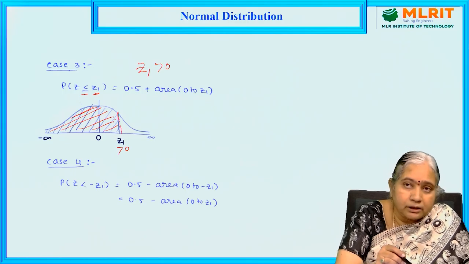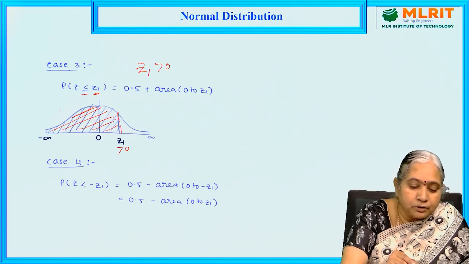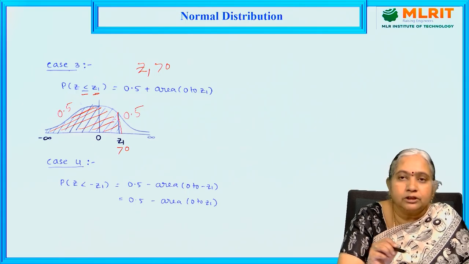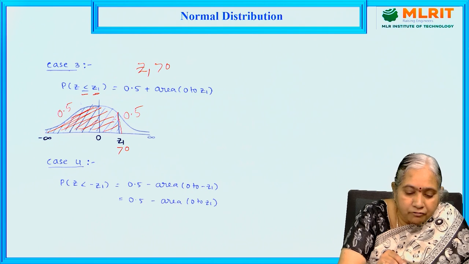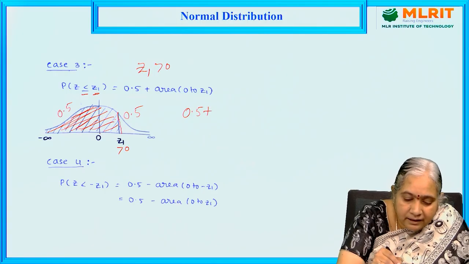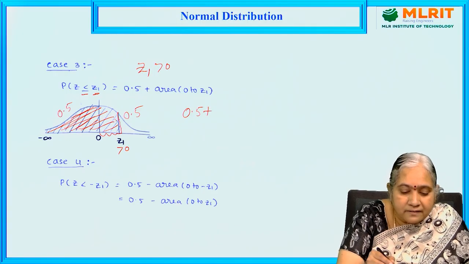We know that the total probability 1 is divided into two equal parts. That is, to the left of the mean 0.5, and to the right of the mean also 0.5. So the area to the left of the mean is 0.5, plus this area we also have to add, since Z values are less than or equal to Z1.